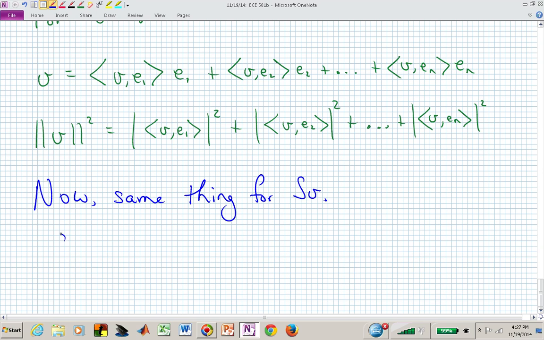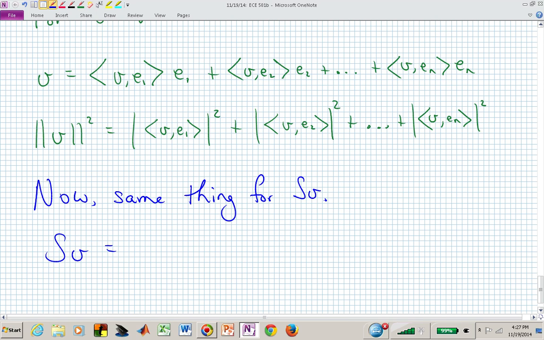Meaning, if I now have S times V, but I've already decomposed V into this algebraic sum of basis vectors, where those basis vectors are weighted by these inner products, those inner products are just scalars.